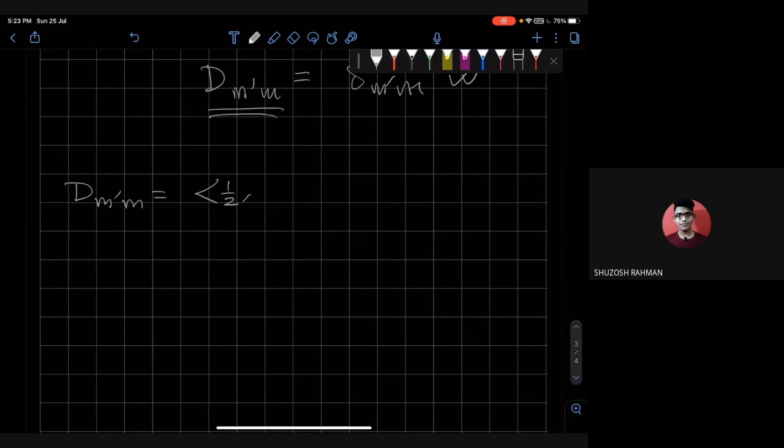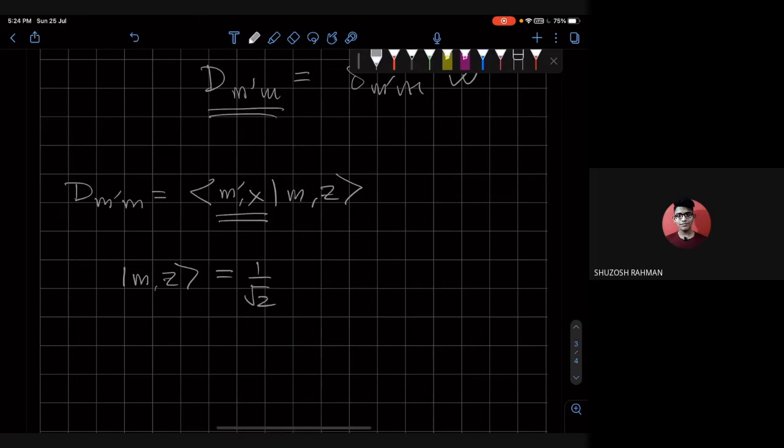We don't have to write half because everything has spin half here, right? So let's just drop the half. Let's just put M prime X and M of Z. Okay, now what is M of Z in terms of these things, or these are the bras in terms of kets.